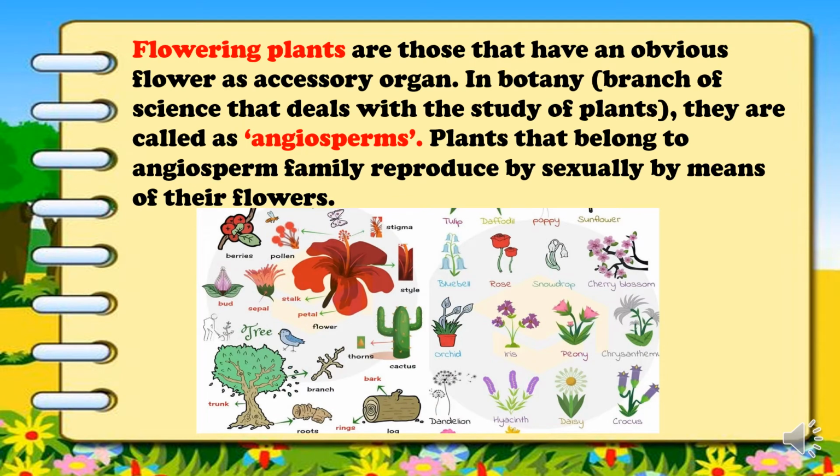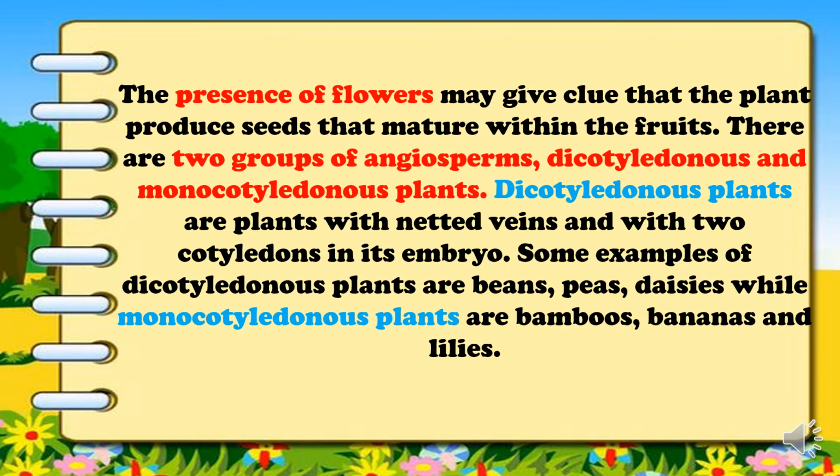In botany, which is the branch of science that deals with the study of plants, they are called angiosperms. Plants that belong to the angiosperm family reproduce bisexually by means of their flowers. The presence of flowers may give a clue that the plant produces seeds that mature within the fruits.